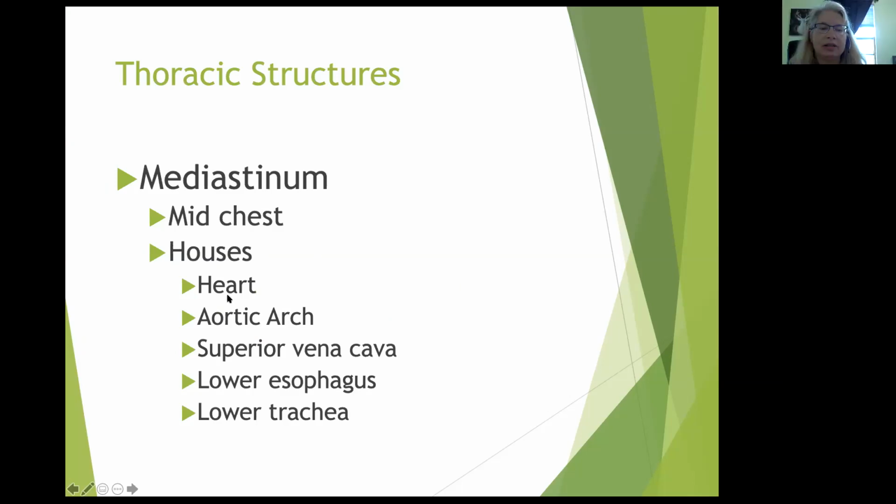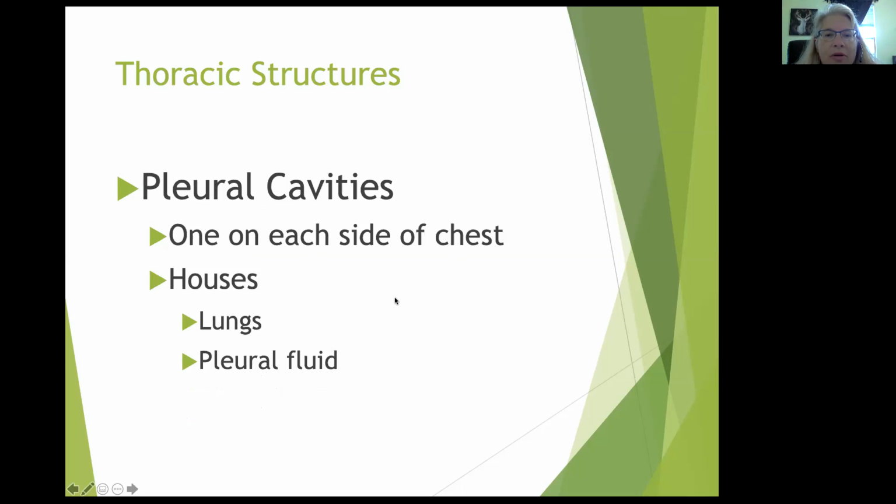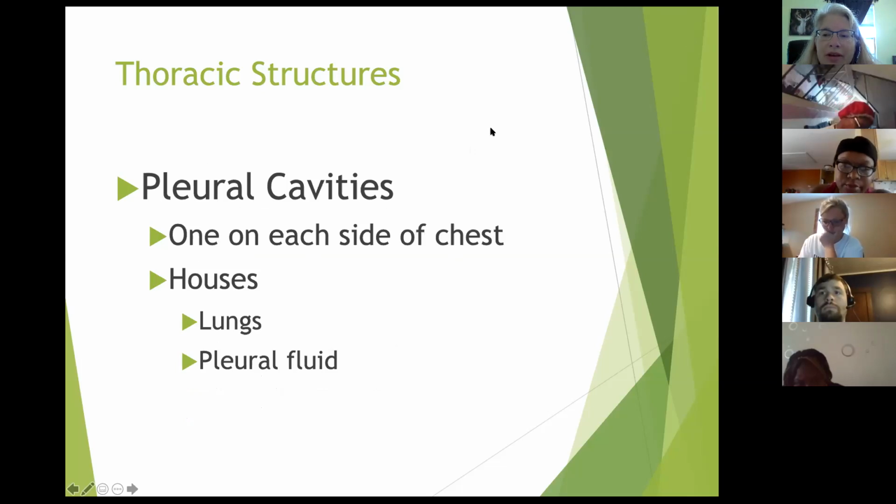From there over on to the left side, your aortic arch, your lower esophagus, your lower trachea, and your superior vena cava. Now, what we're most concerned about, or what we're going to talk about the most today, is your pleural cavities. And your pleural cavities are where your lungs are. You have one on each side, and that houses the lungs and then the pleural fluid that is around the lungs.